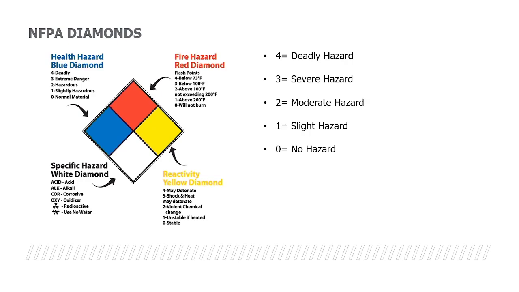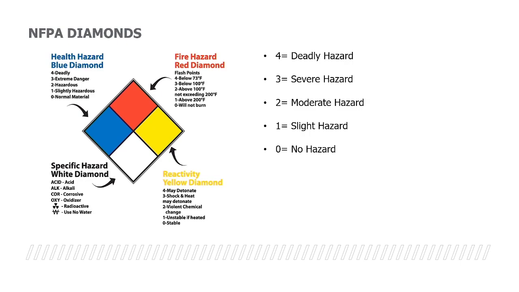One of the key things to remember, though, is on this NFPA Diamond, they do utilize a color code system. The blue stands for health. The red is for flammability data. The white is for special information. And the yellow is for your reactivity information.